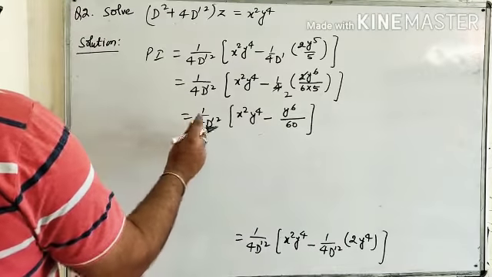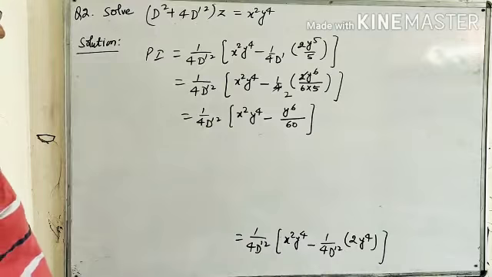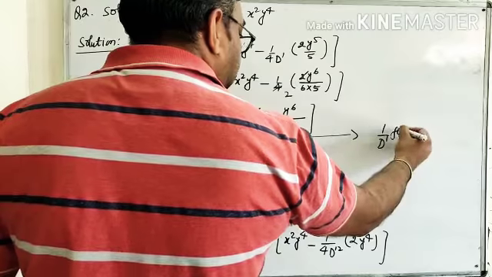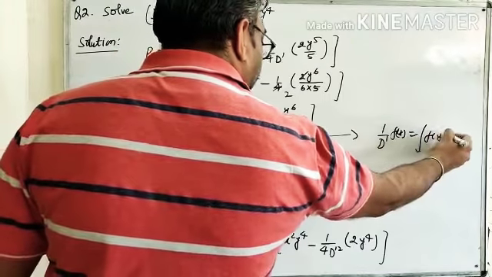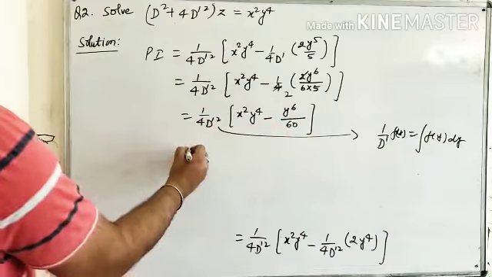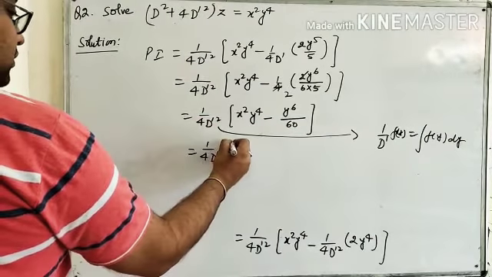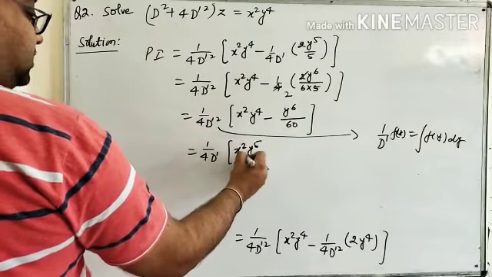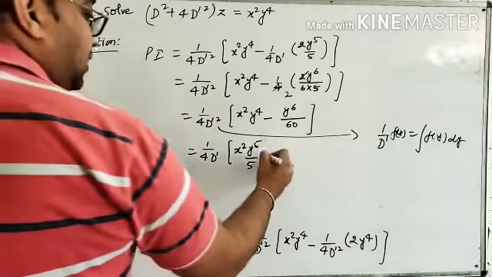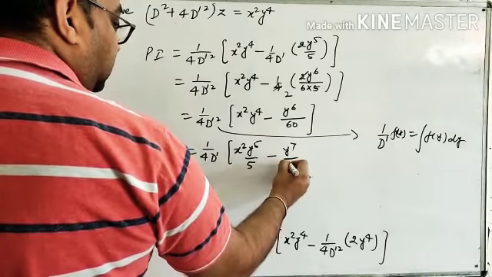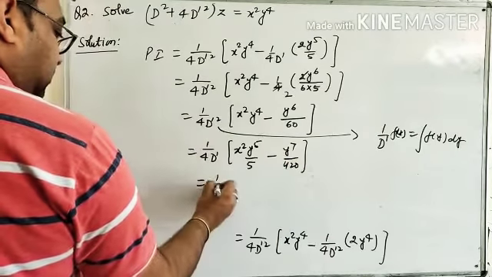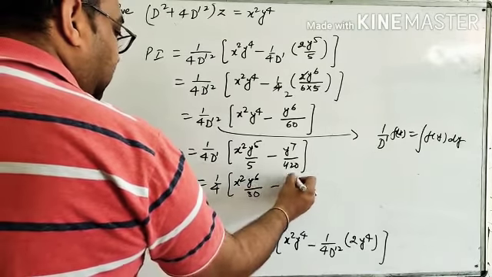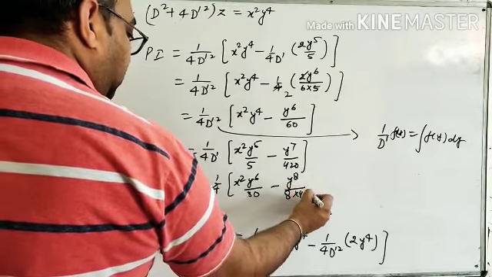Now still 1 upon D dash square remains, so 1 upon D dash means integration of function with respect to y. So we have to integrate it 2 times. One time when we integrated 1 time with respect to y, then it will become x square y raised to power 5 upon 5 minus y raised to power 7 upon 420, and the last time x square y raised to power 6 upon 30 minus y raised to power 8 upon 8 into 420.